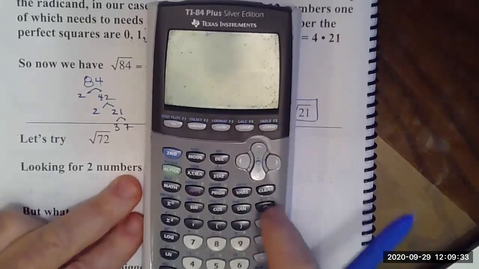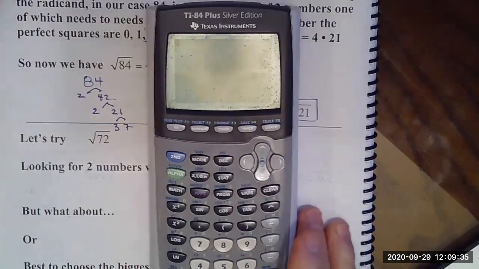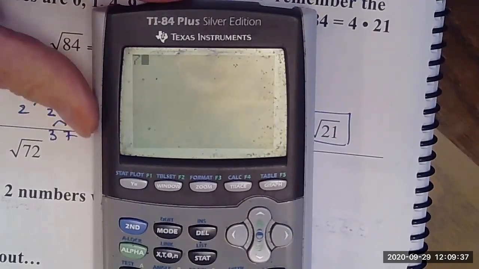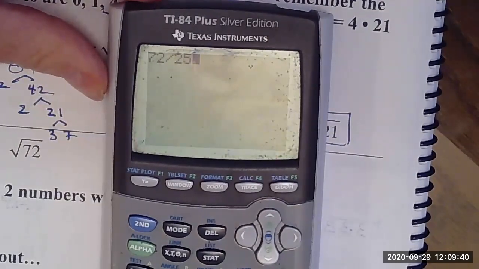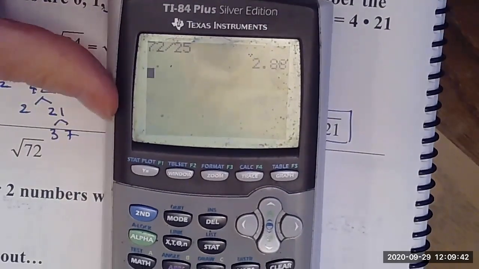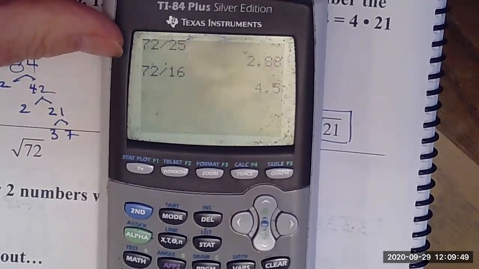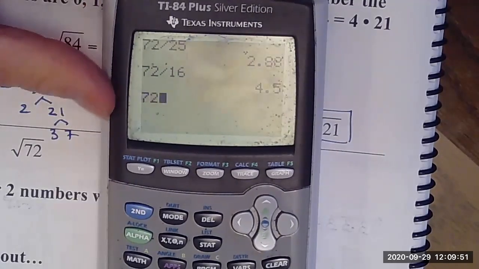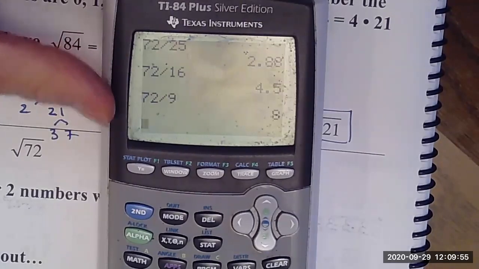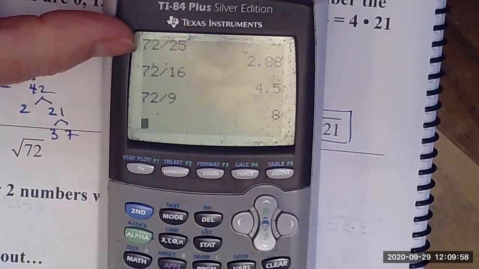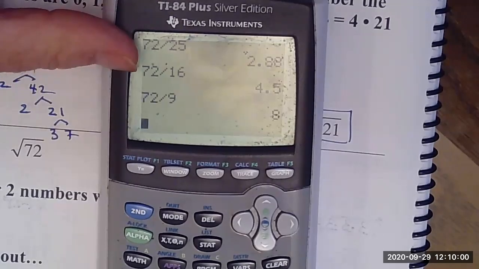You say, what if I took 72 and divided it by 25? And of course, you know that's not going to work. What if I took 72 and divided it by 16? No, not going to work. 4.5 is not good. So I took 72 and I divided that by, let's say, 9. That works. Or 72 divided by 4, and that works.